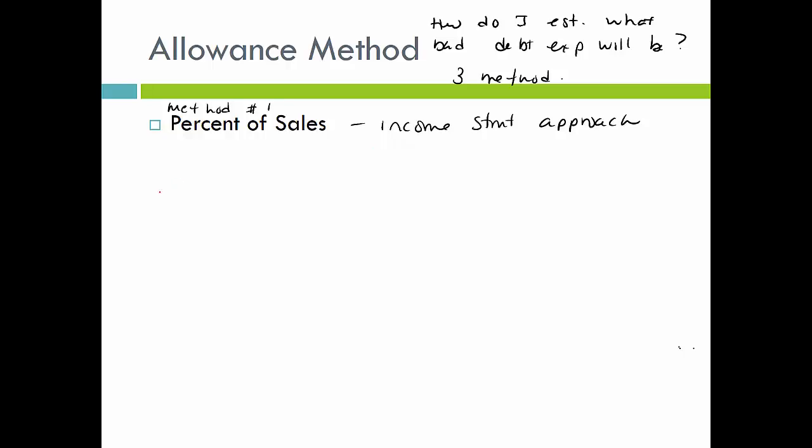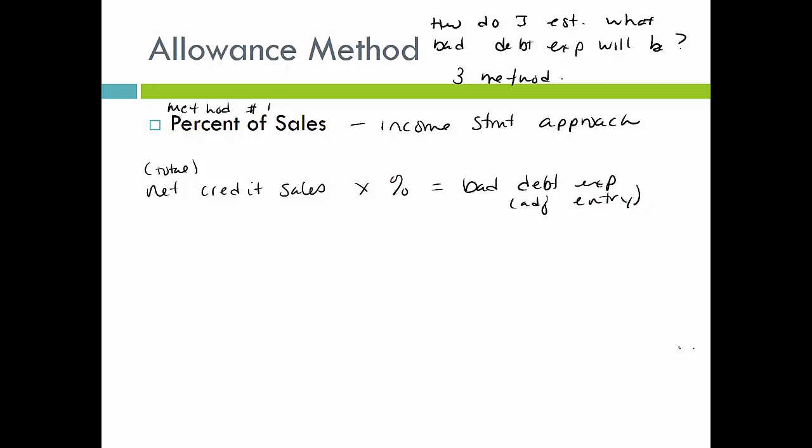So all I do is I take the net credit sales. It's really kind of your total sales, but net of returns and discounts and allowances and all that kind of stuff. So your credit sales times some percentage gives you the amount of bad debt expense. That is the amount of your adjusting entry, okay?